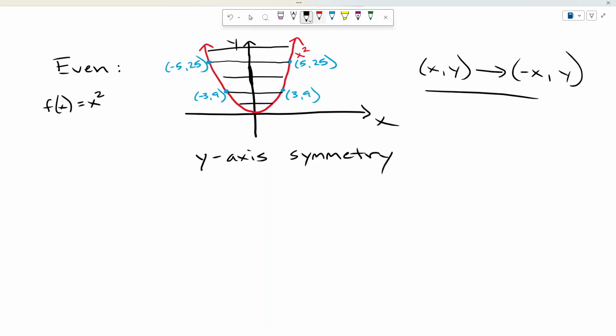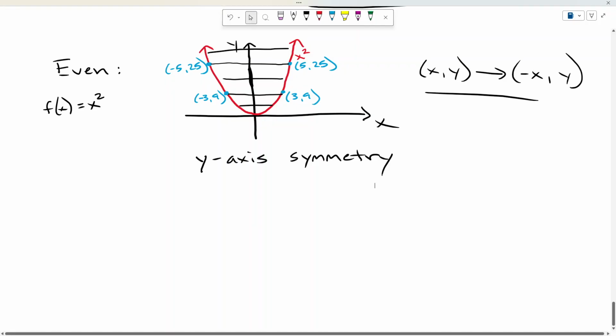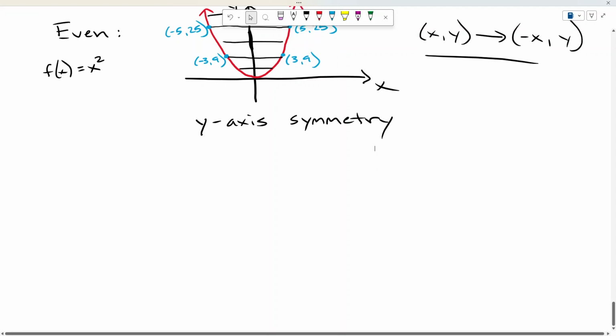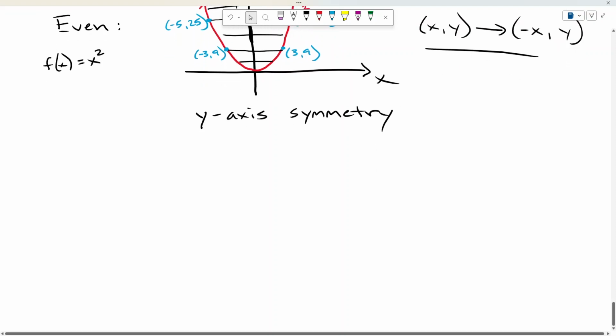And now let's compare that to, we'll show an odd function. And the graph of an odd function, as you'll see, is symmetric with respect to the origin.